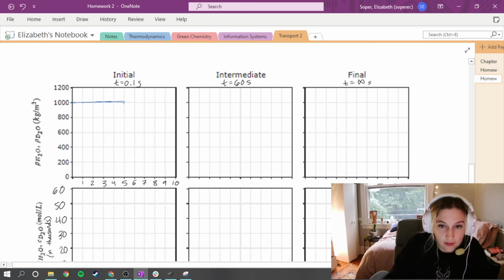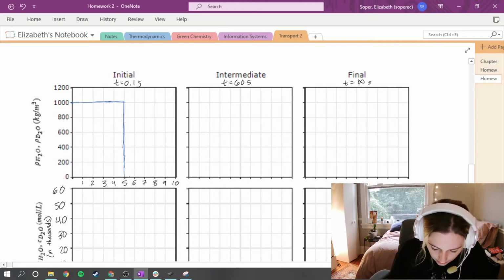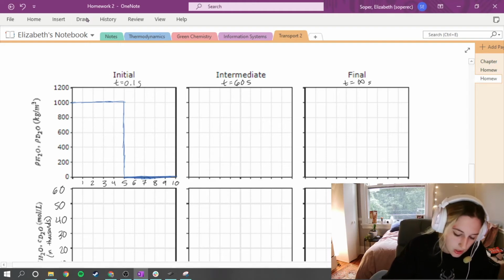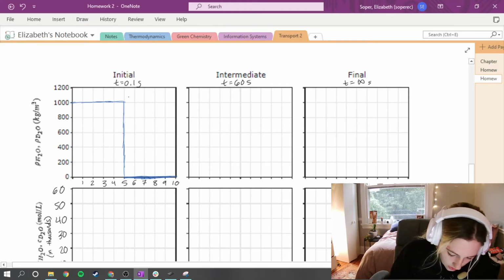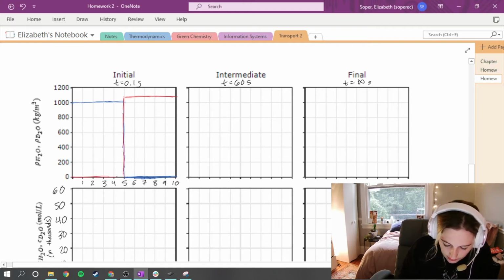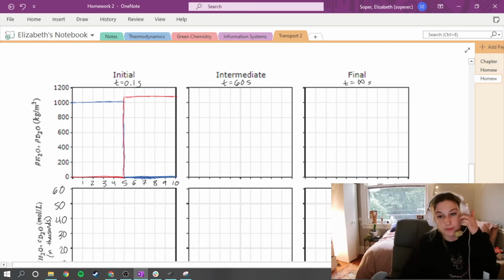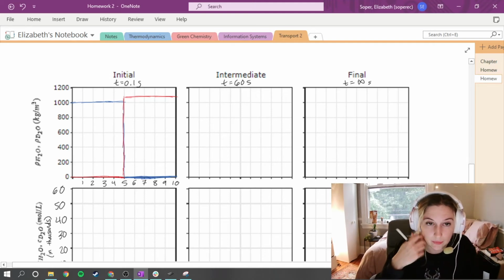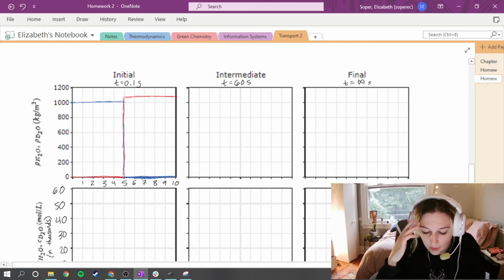Right at the divider, this goes down to 0 because there's no water from 5 to 10 centimeters. For D2O, it's going to be 1,110, a little bit higher than the 1,000. But on the left side, from 0 to 5 centimeters, there's no D2O, just like explained in the initial problem.